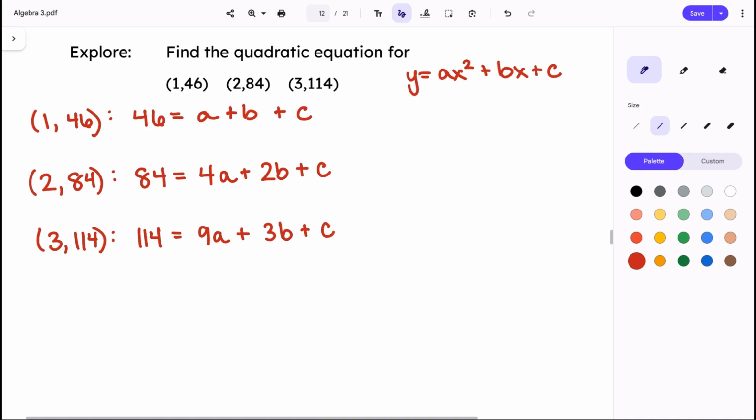I just skipped over the step where I plugged them in individually and squared those numbers that I could. I just went ahead and wrote it. Again, I'm going to take the top one times a negative 1 to make that c become negative here. So this would be negative 46 equals negative a minus b minus c. And then we're going to start pairing those up with our two equations.